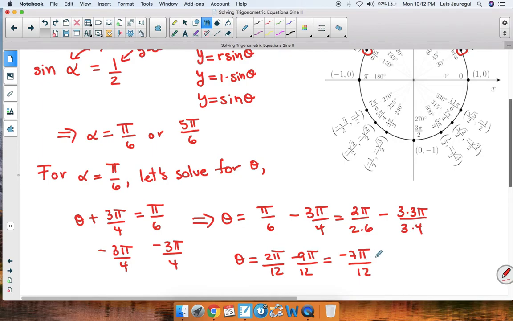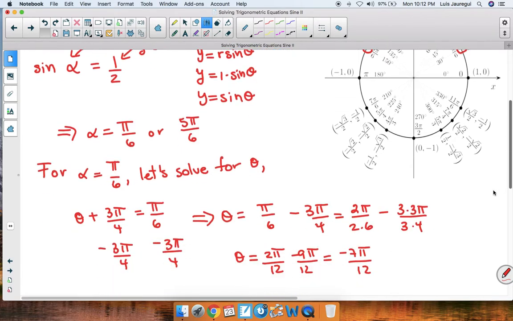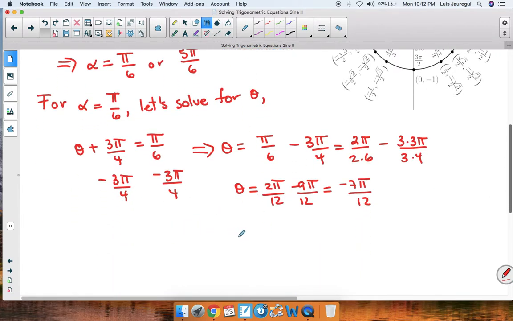So we're going to make use of the fact that our original function, sine of theta plus 3 pi over 4, has a period of 2 pi. So our actual angle theta is equal to negative 7 pi over 12 plus the period of 2 pi.